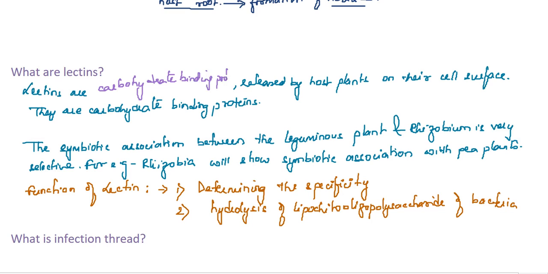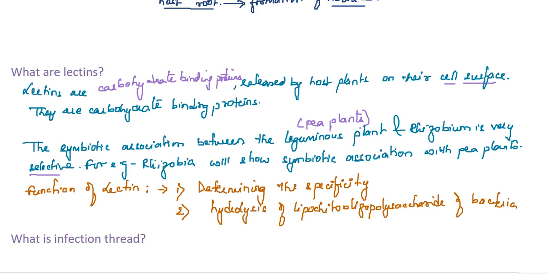Okay, they are released by the host plant on their cell surface and they help in selective association between the leguminous plant and the rhizobium. That is, rhizobium shows symbiotic association with only pea plants and not with other leguminous plants.